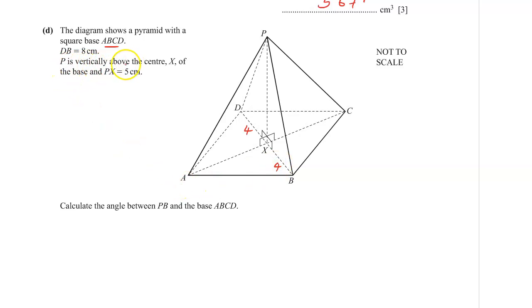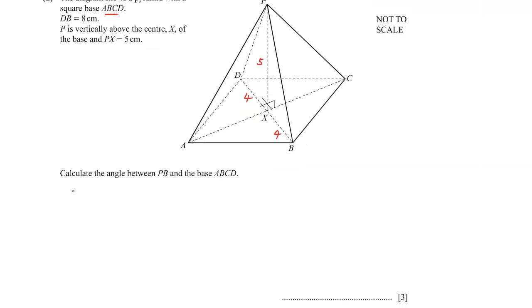P is vertically above the center X of the base, and PX is 5. This is 5 right there, and this is a right angle triangle, you can see. Calculate the angle between PB. Of course, the diagram is not to scale. You should notice that.